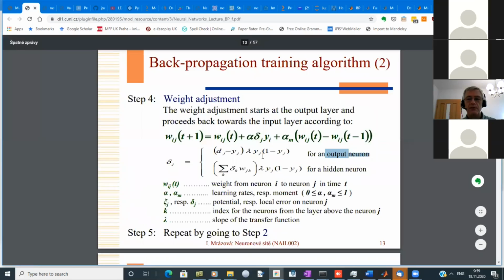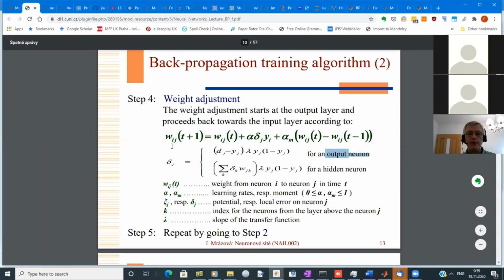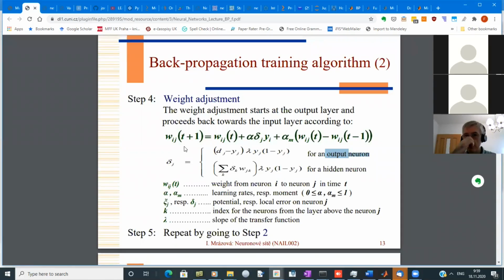Once again, for the formula, this is the weight between neuron I and J. In our case, J is 1 because we have just one neuron in the output layer, and I will index the neurons in the hidden layer. But for computing that, we will need delta J, and the J index is in the output layer.